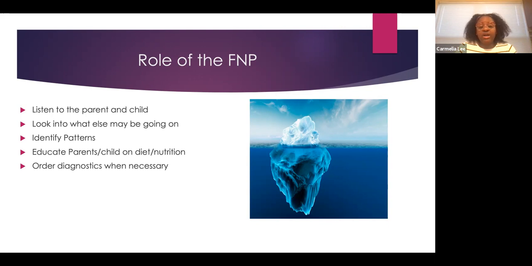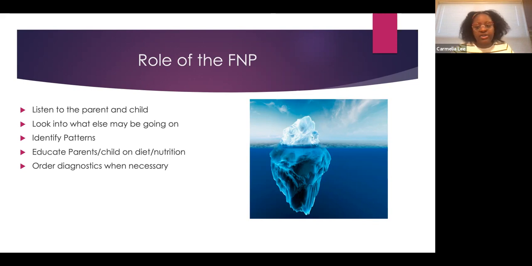And then, you just want to know when to order your diagnostics. Less is more. So they may not need the whole slew of tests, but you do want to order what's appropriate for the child, to figure out what you're doing. So just use your due diligence on using these resources, depending on their insurance.